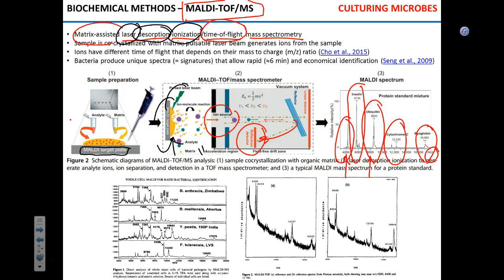Okay? Now, it all sounds pretty cool, but the question remains, how can we use it for identification of microorganisms? Imagine that you have a pure culture of Bacillus anthracis. Basically, it's a bunch of proteins. Okay? You mix this pure culture with the matrix, do this whole procedure, and you get a very specific set of peaks.